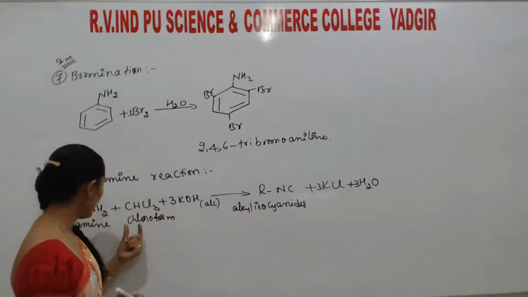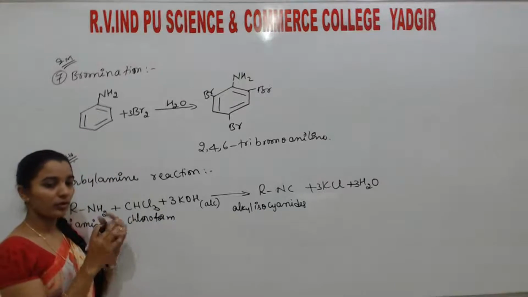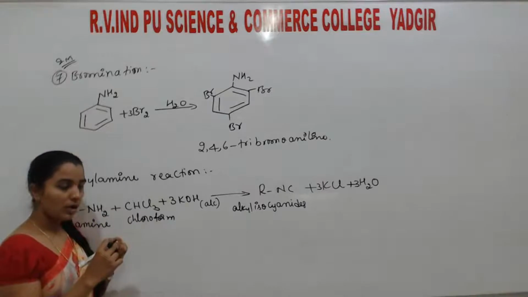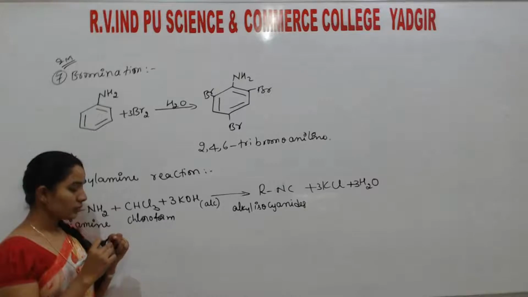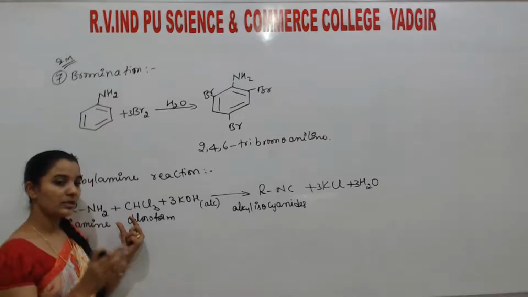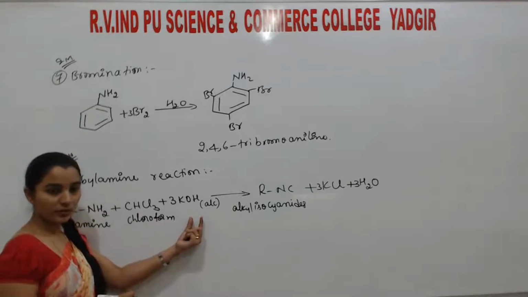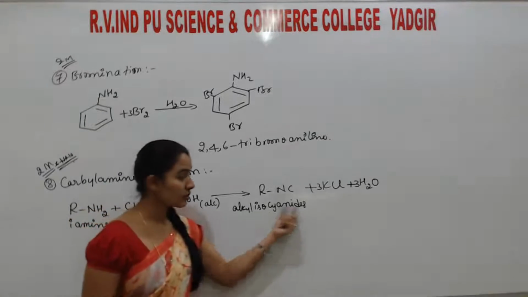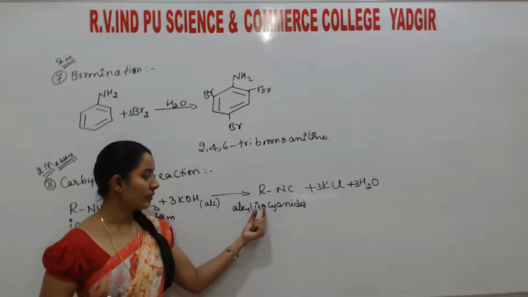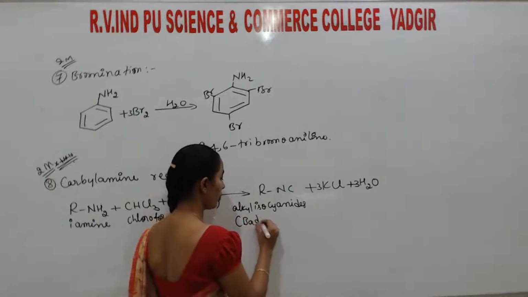Means if we are taking some organic compound, we don't know whether it is amine or something else. When we take amine in the test tube, we don't know whether it is primary, secondary or tertiary. So when chloroform is added to that in presence of alcoholic KOH, isocyanides will form. How can we come to know the formed compounds are isocyanides? Means they form a bad odor.